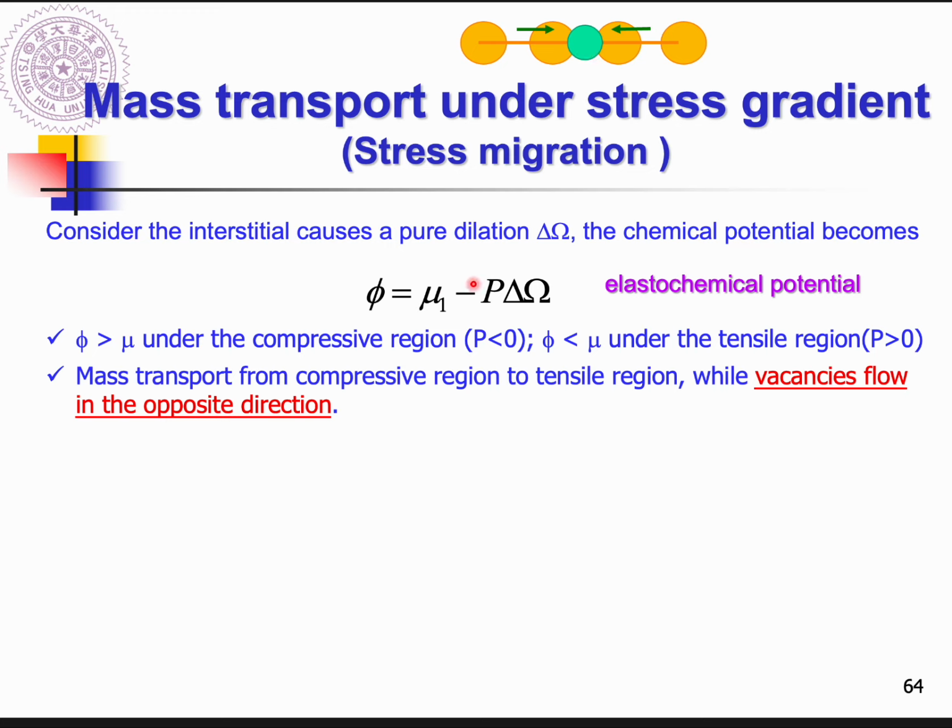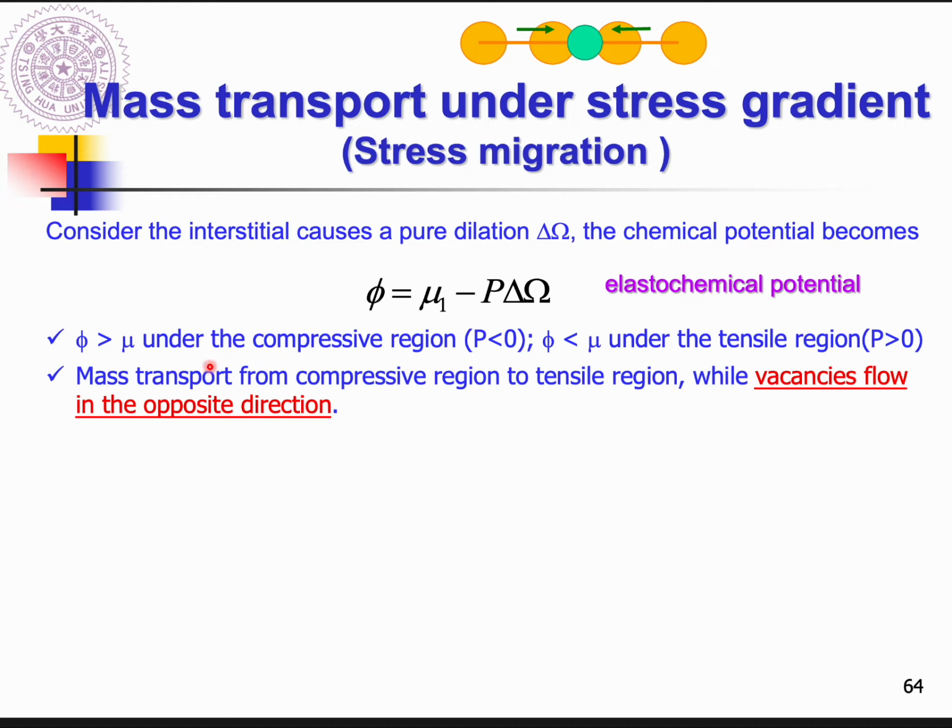You need to add an extra term because you performed work, and this work was used to increase the potential of these atoms. So for this case, the potential will be mu1 plus an extra term.